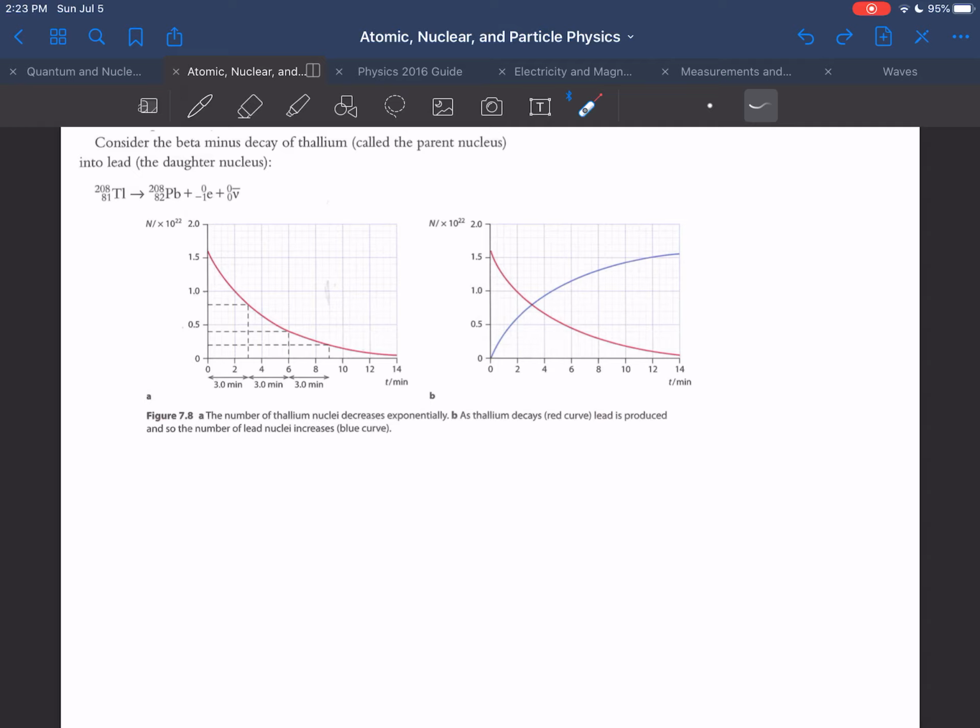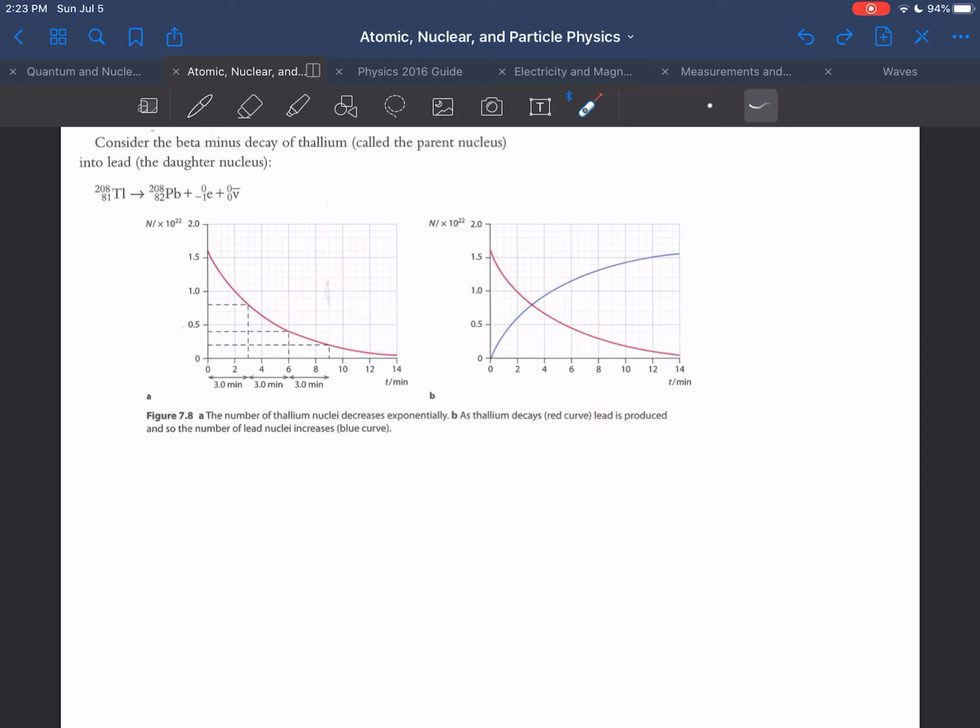And that just involves multiplying by 1/2 the appropriate number of times. So if we consider the beta minus decay of thallium into lead, then that thallium is transmuting into lead via beta decay. And the number of our original nuclide can be modeled by exponential decay, for the reasons that we just discussed.